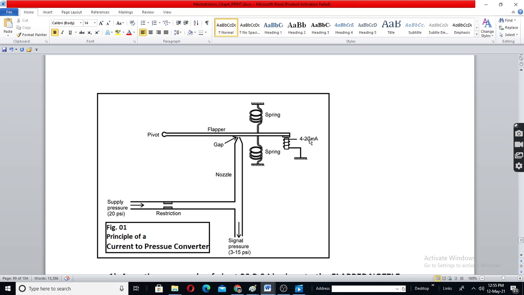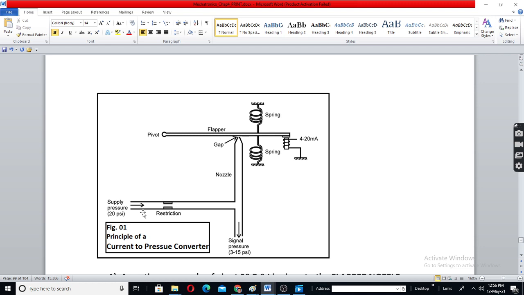If you give lesser current, lesser attraction, lesser holding here, more leakage, so lesser pressure here. So only a lesser part of the supply pressure will come here. By controlling the current here, we can control the pressure at the output pipe.